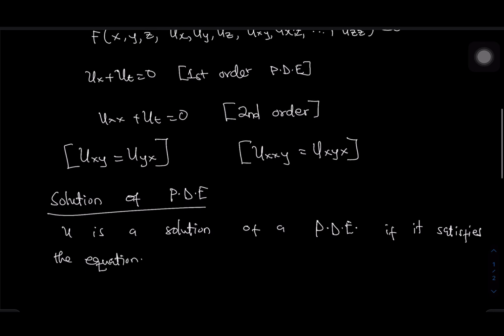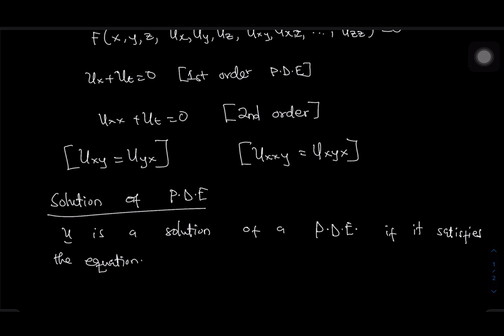What does it mean? For instance, if u is a solution to this second order differential equation, then if I substitute u into this equation here, I should get 0 on the left hand side too. It should satisfy it. So that's just the solution of a PDE.